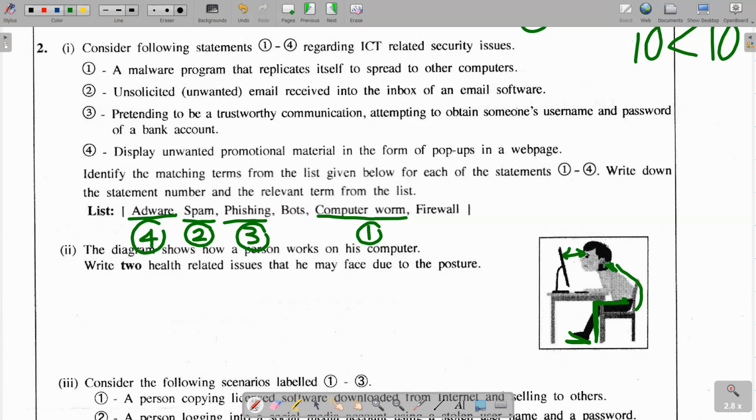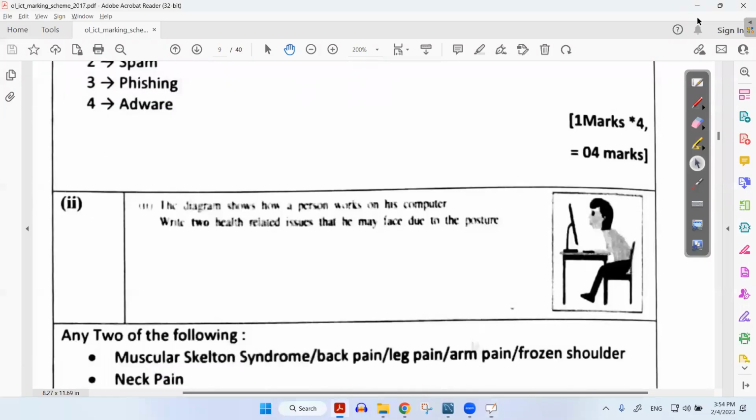So these things will give him computer vision syndrome, because he is close to the screen, and neck pains and back pains and musculoskeletal problems due to the wrong posture, right? And even if he's not sitting very well, it gives the same things, right? So those can be taken as the answers.